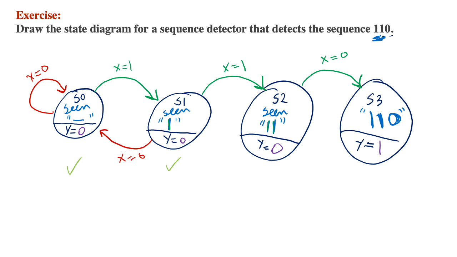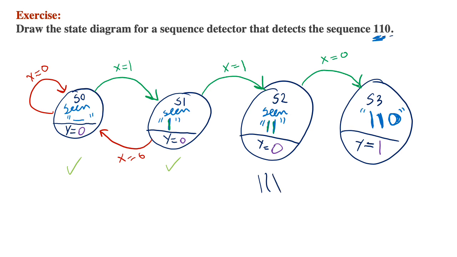I'm going to move on to state 2 currently, and I will repeat the same process. I will write whatever is inside the quotation mark, which is 1 1. Then I'm going to write the next possible input. I've already taken care of what will happen if I receive a 0 and I'm in state 2. I know I should go to state 3. So now what I'm going to do is find out what will happen if I receive a 1.